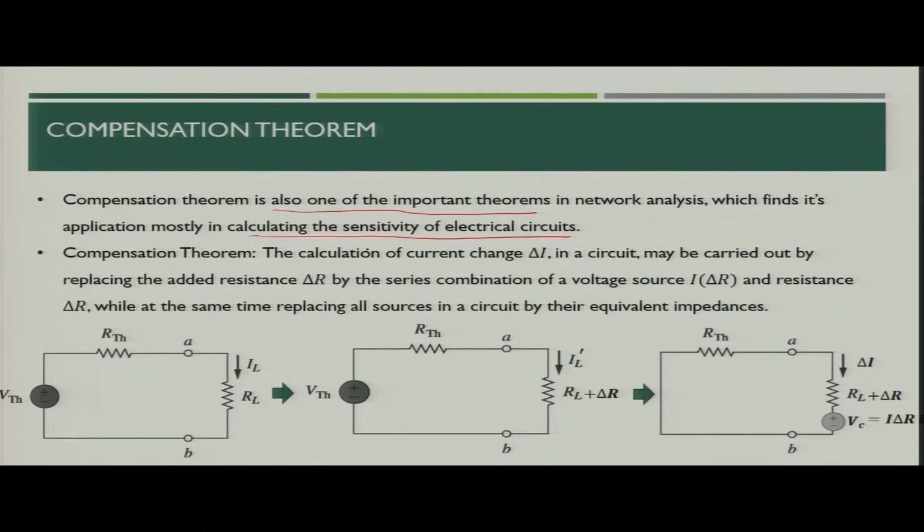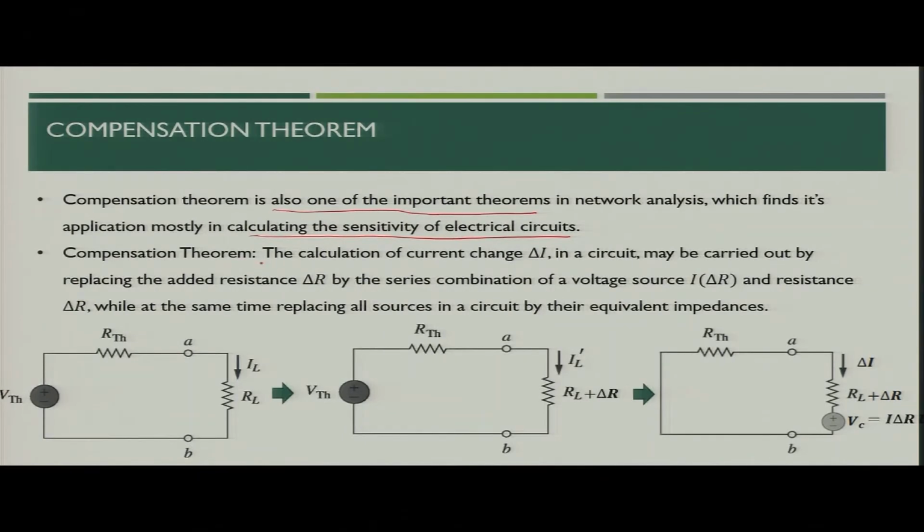Sensitivity means when you change the value of voltage a little bit, say delta V, how much the current will change in that particular segment where you are trying to find out the sensitivity. So, that will give you the value of sensitivity of that particular circuit element or the particular segment in which you are trying to find out.